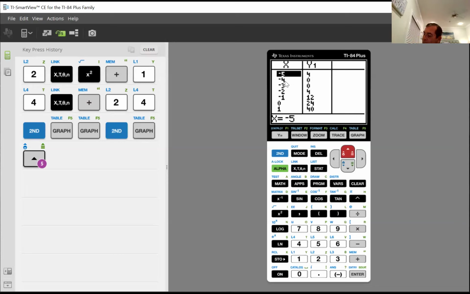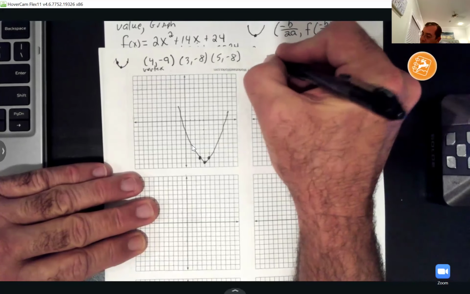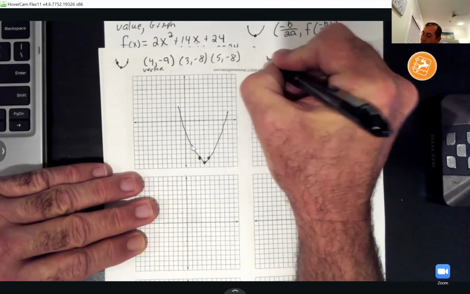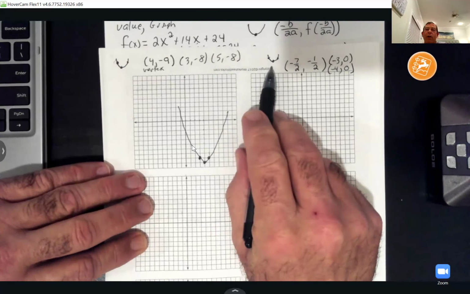But y'all, I'm going to use them points, -3, 0, and -4, 0 for my other 2 points when I graph this. All right, so remember, in MATLAB, you're choosing your 3-point quadratic tool.